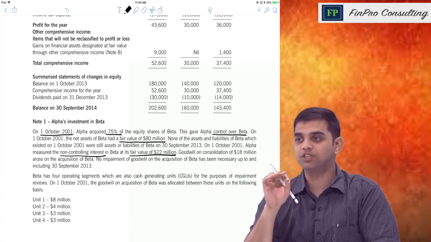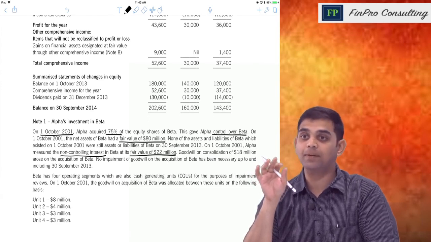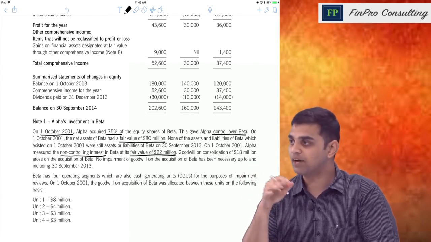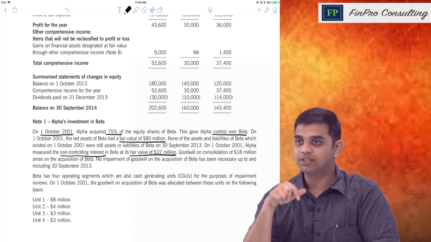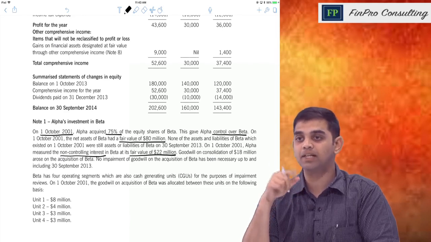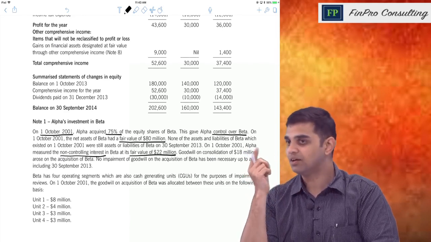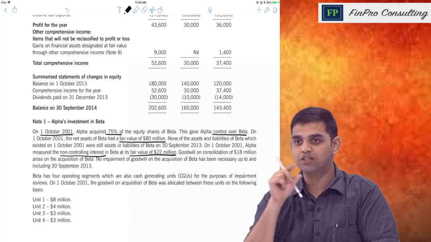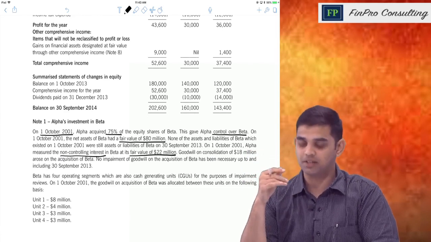Now this information is not relevant for P&L purpose because you don't have a during-the-year impact, but this information will be required for preparing the statement of changes in equity, where you have to compute the opening balance for the year impact and closing balance, right?